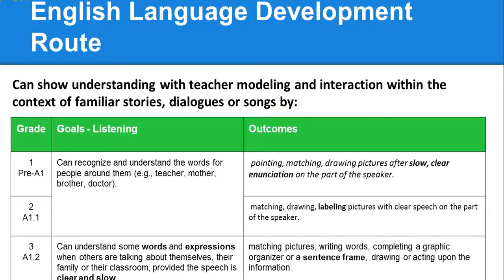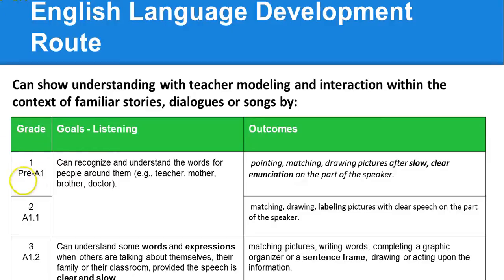So here is the language development route. And this is how the goals and the outcomes are related. So for example, in grade 1, which we're sort of calling a pre-A1, as the students are getting used to the sounds of the language and operating within school and operating within an English language classroom, we're not putting too much pressure on them.